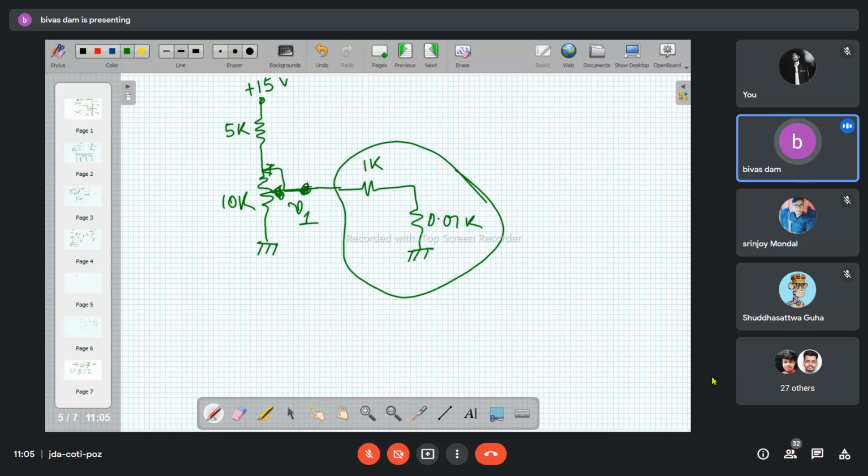Now what will it be? Now this V1 will be 10 parallel 1 by 5 plus 10 parallel 1 into 15. That will be your V1 value. Is it not?